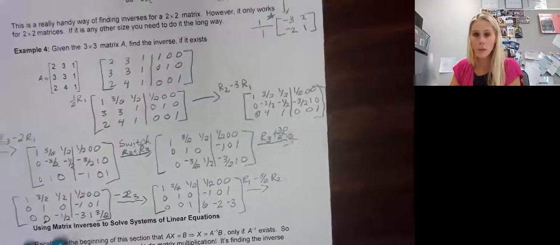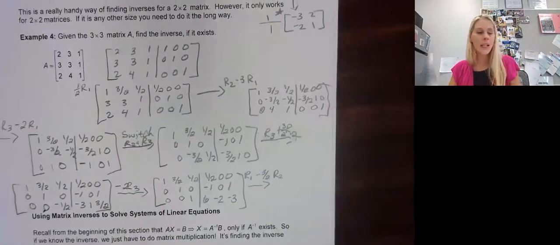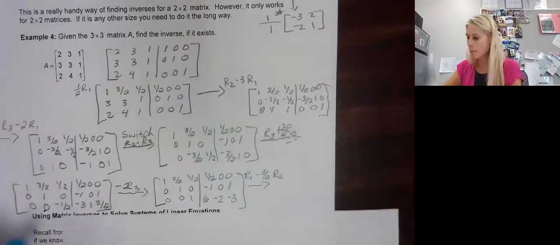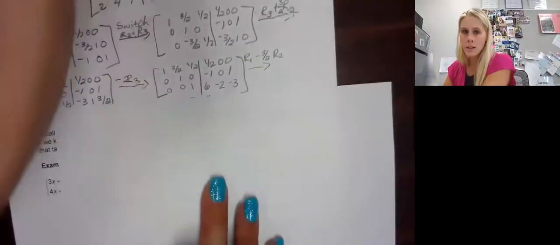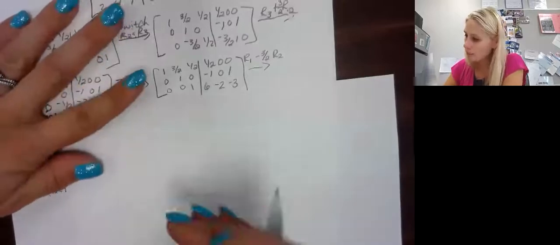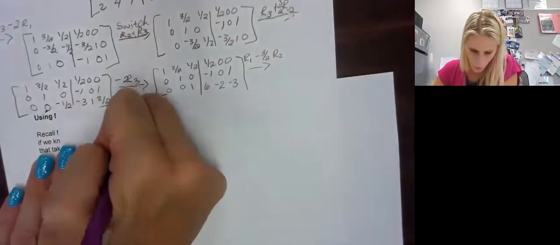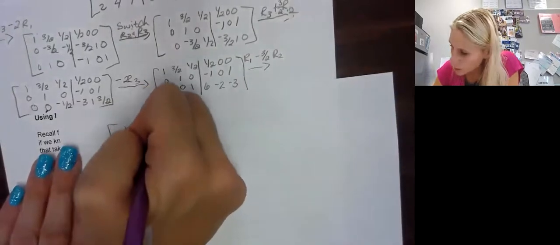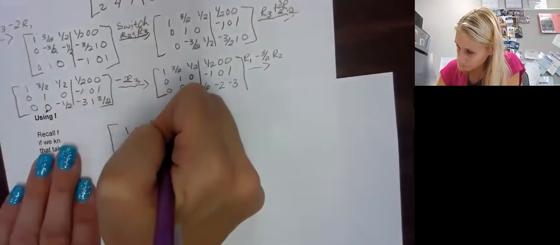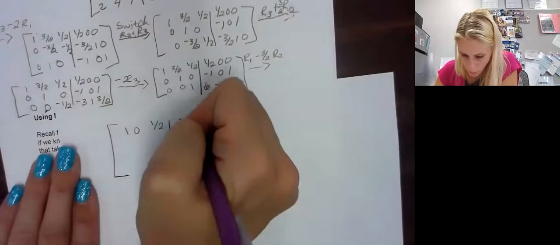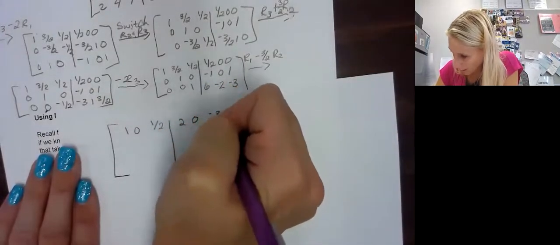Gosh, I'm running out of room. So I'm going to go on to another sheet of paper and continue my matrix here. When I do that, I get 1, 0, 1/2, 2, 0, negative 3/2.